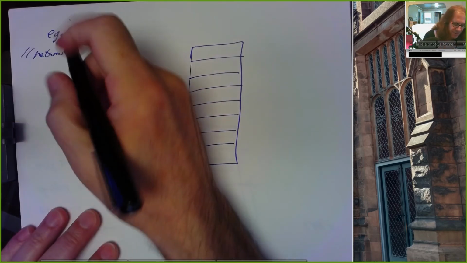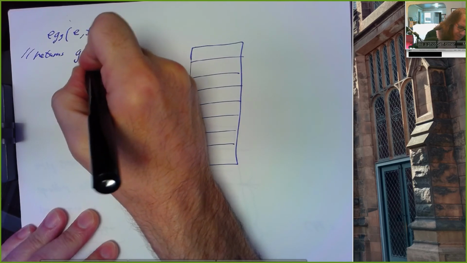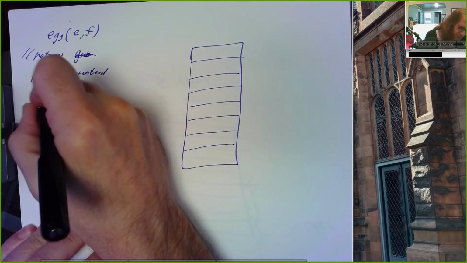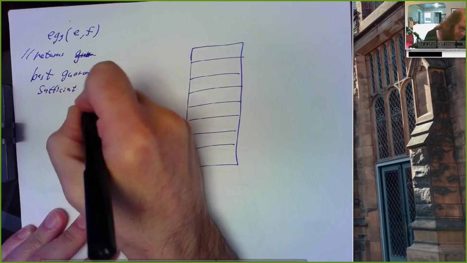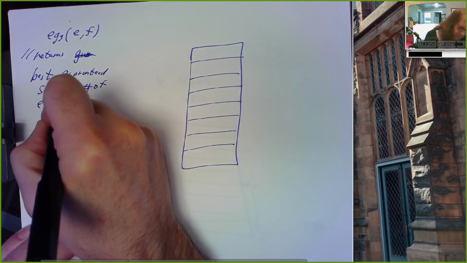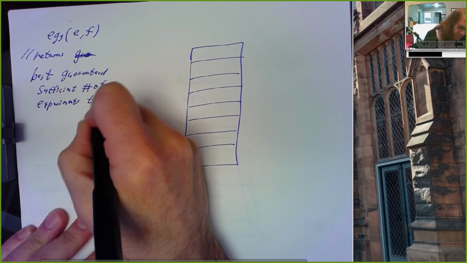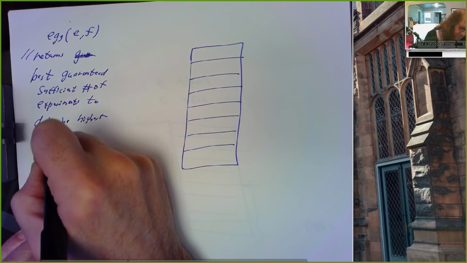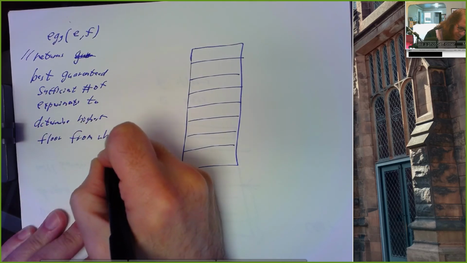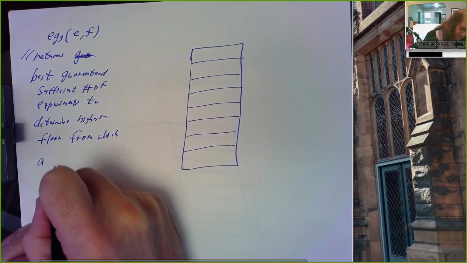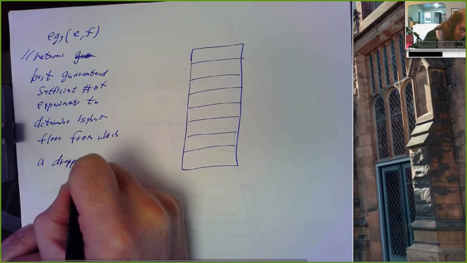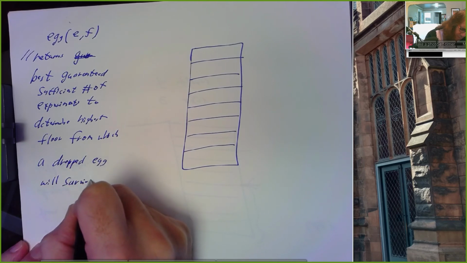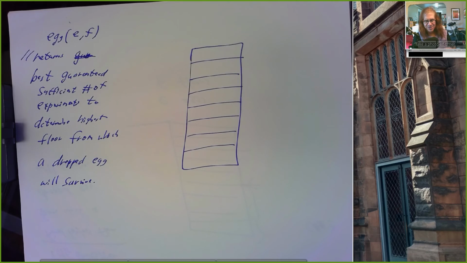Okay, so return, guaranteed, return the best guaranteed sufficient number of experiments to determine what the highest floor is from which a dropped egg will survive. Okay, that's a horrible run-on sentence, but here's the idea.